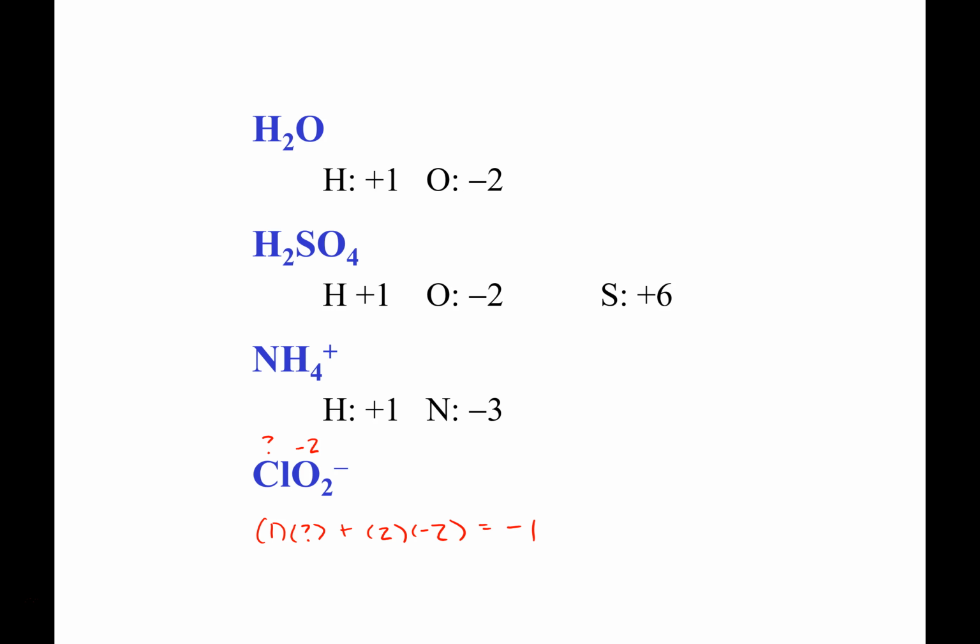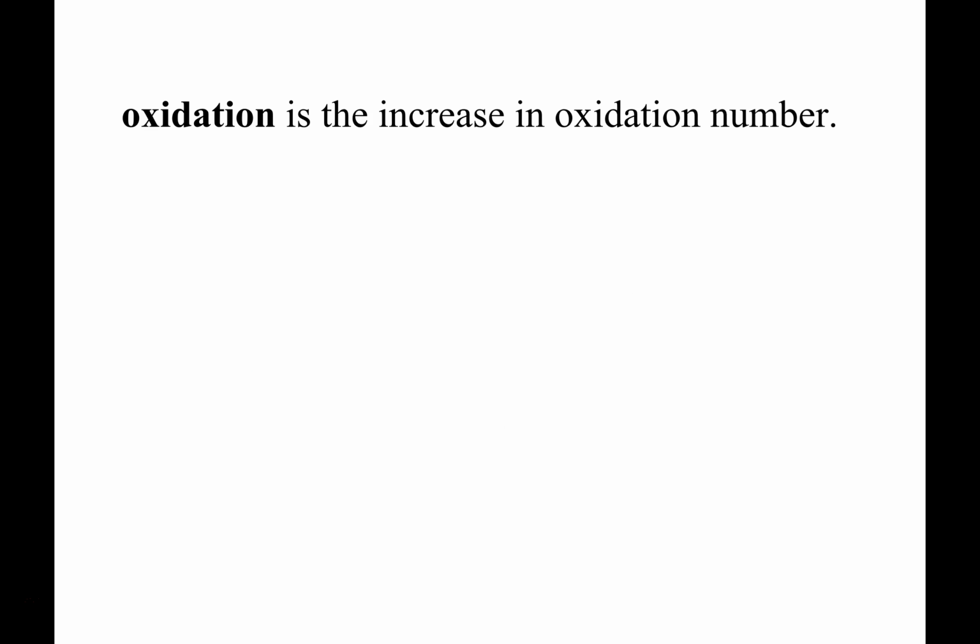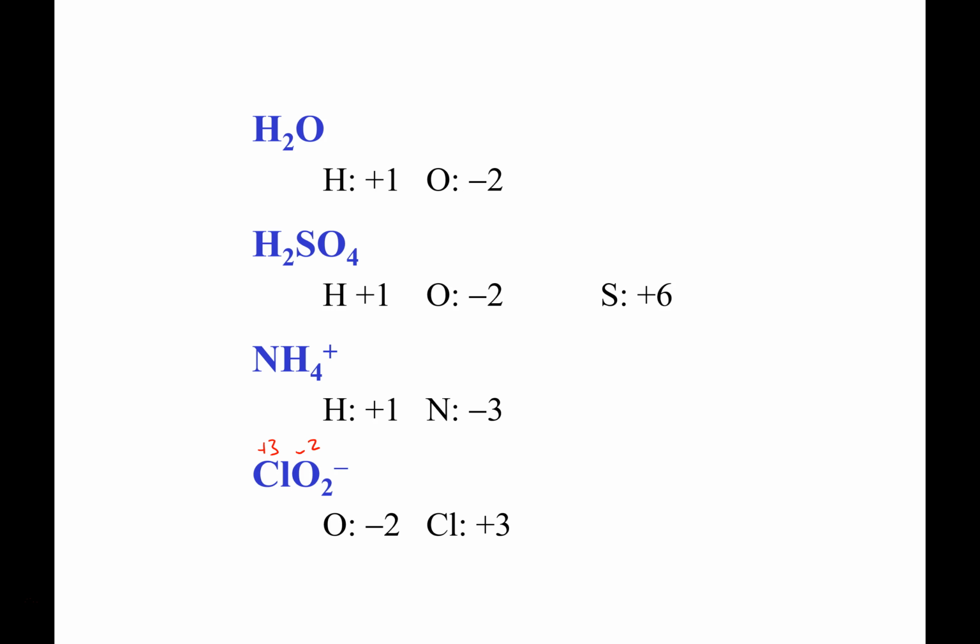Does it seem right for you, 3? Yep, me too. Not just 3, a +3. So -2 for each of those and a +3 for that 1 chlorine. That work for you? I think so. That's where I wanted to get.